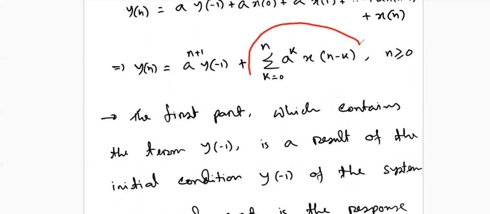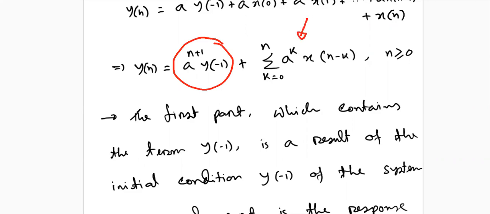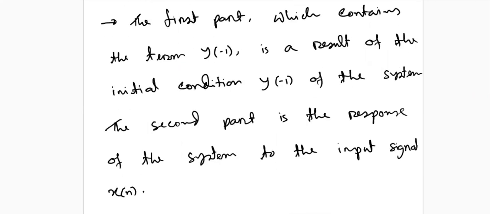Of course, this part does not have any impact from the initial condition. On the other hand, this part does not have any impact from the inputs. So they are completely independent of each other. However, the final output, of course, depends on both the initial conditions and the input values.